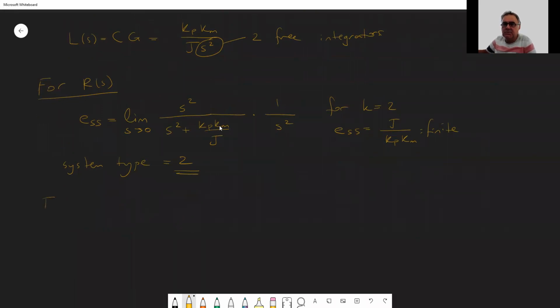For the disturbance W of S, you find the disturbance transfer function, which is minus 1 over G over 1 plus GC, which is Km over Js squared divided by 1 plus Km over Js squared times Kp. What do we get? The Js squared terms get cancelled.